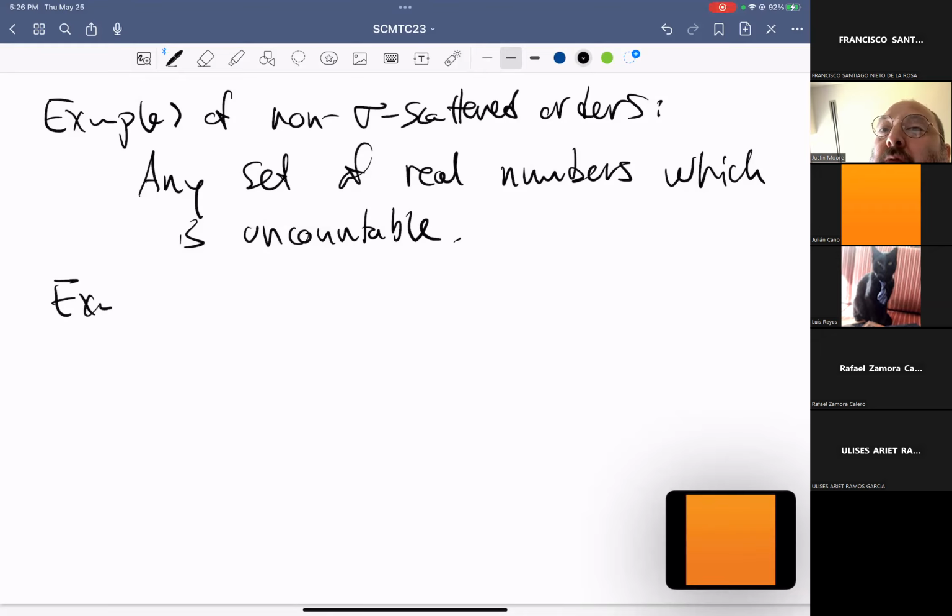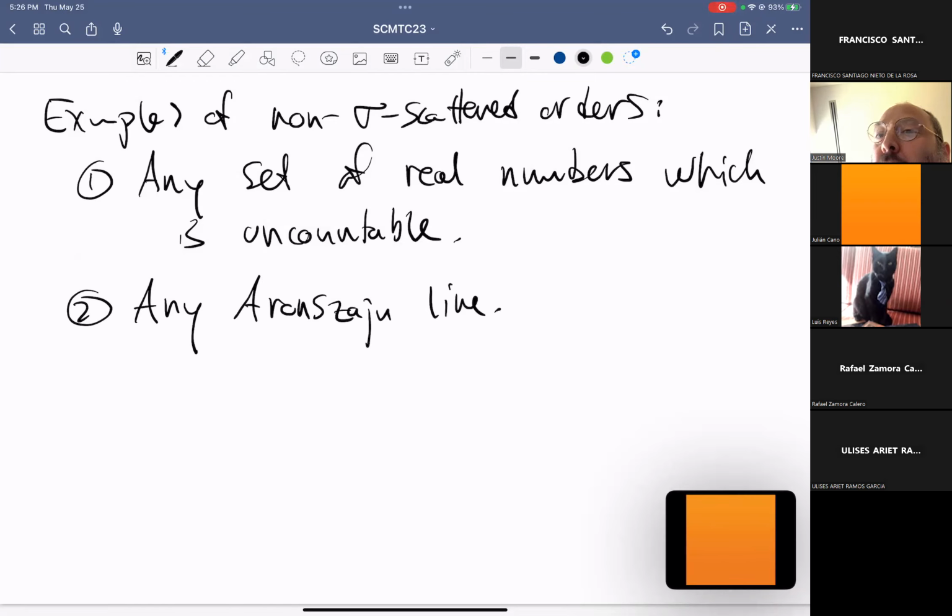Another example, which is less obvious if you're not a set theorist, is the Ehrenfeucht line. You can ask, is there a linear order which doesn't contain an uncountable set of reals, doesn't contain omega 1 or omega 1 star, and yet it's uncountable?